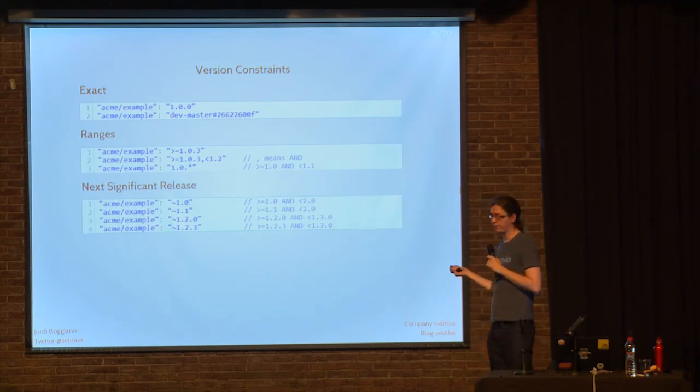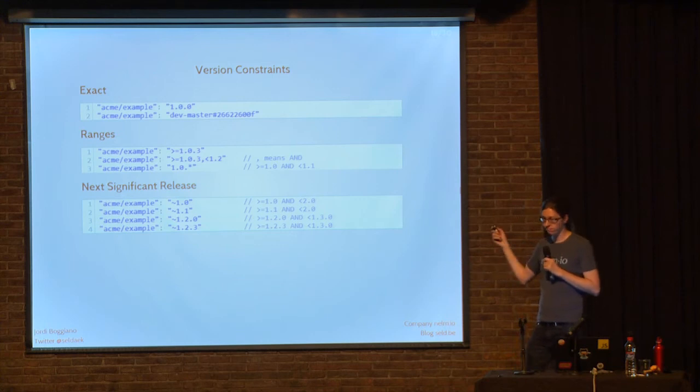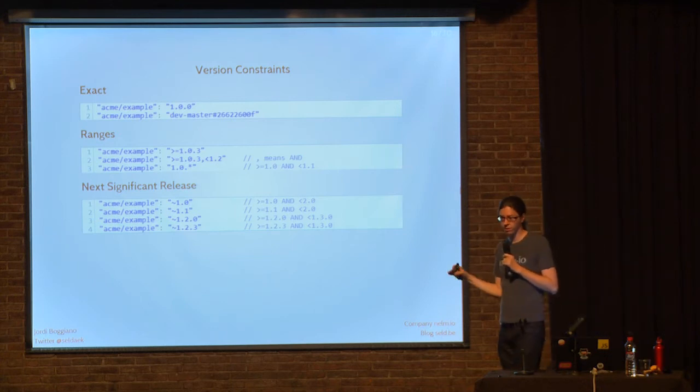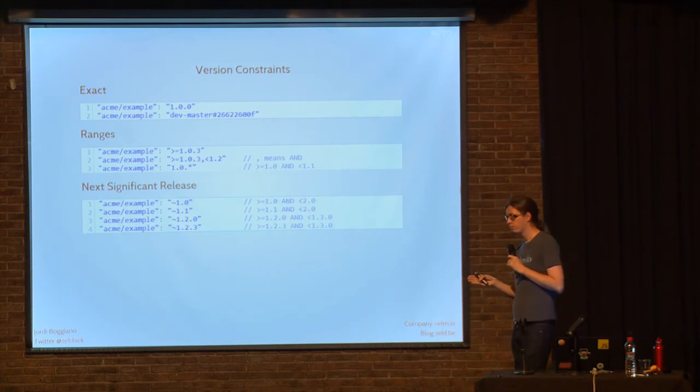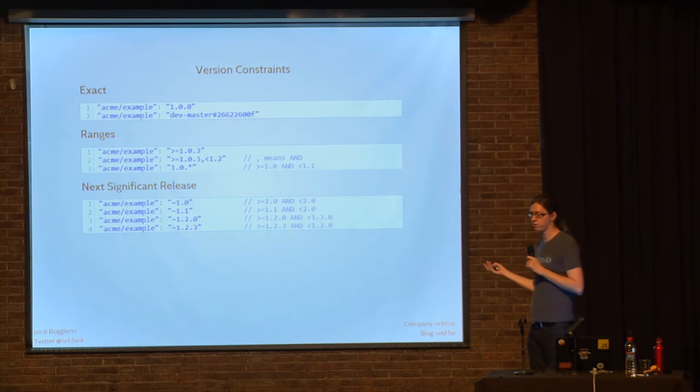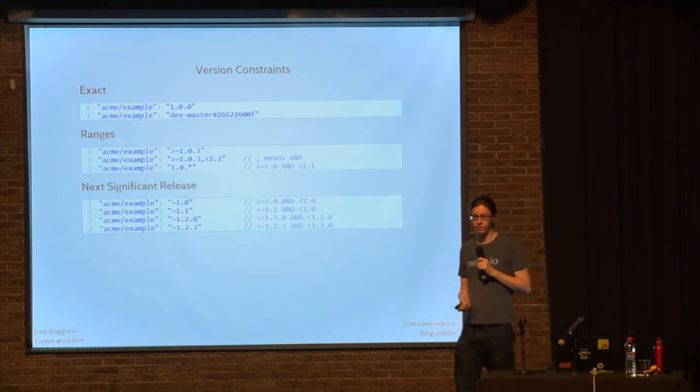It basically defines that the first number is for backward incompatible changes. So as long as you don't break backward compatibility, you keep the same first number. The second one is when you add new features, you increment it. And the third one is just patch releases, so you do minor fixes, but you shouldn't add anything or break anything.